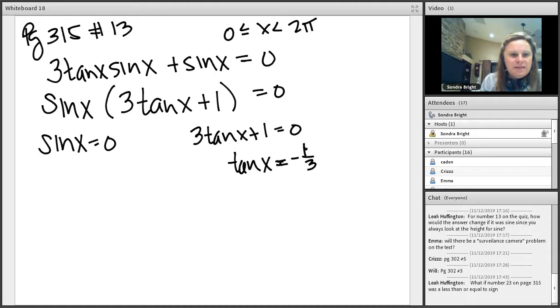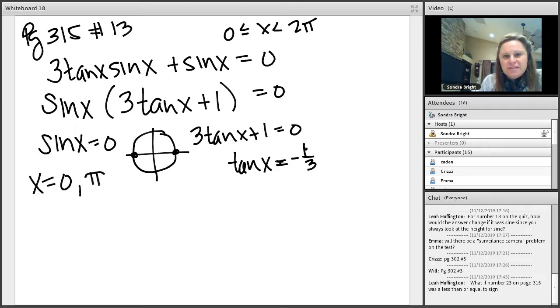All right, this sine of x equals 0 is when you've memorized, right? Sine of x equals 0 here and here, so your x will be 0 and pi. But this one, got to use your calculator. But here's what I know. I know tangent is negative here and here. Your calculator is going to give you the negative angle here.